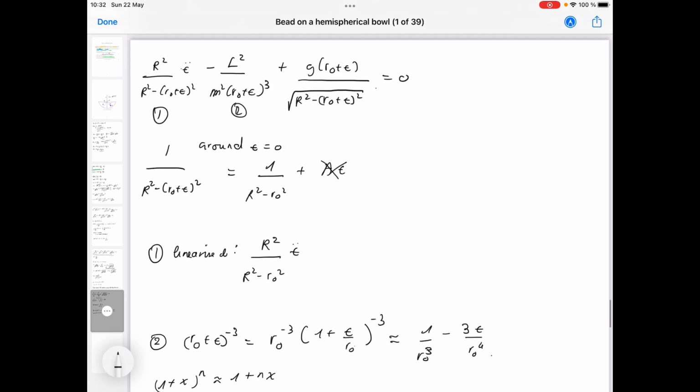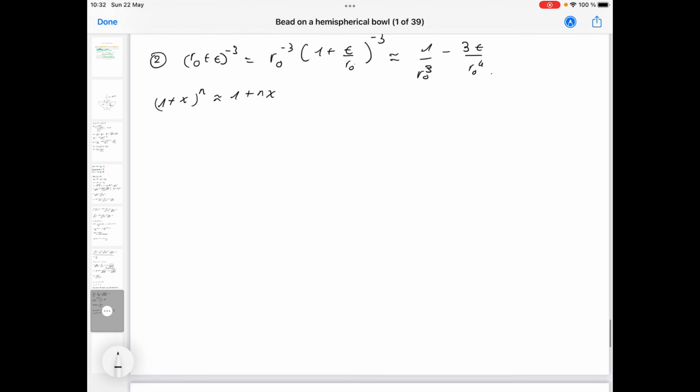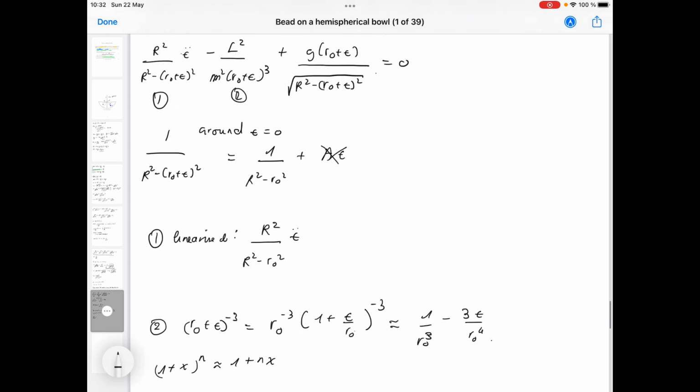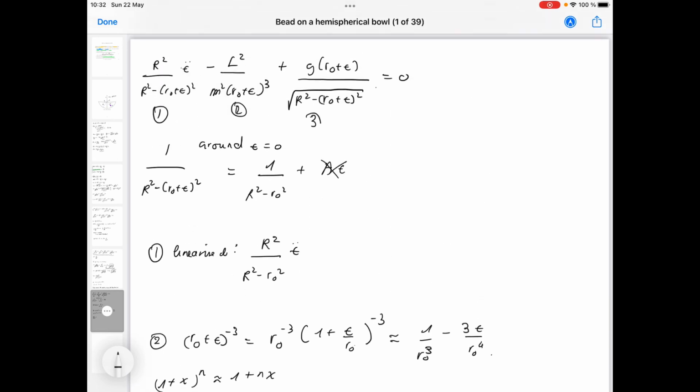And so the second term linearized is just 3 L squared over M squared R naught to the 4 times epsilon. Good.